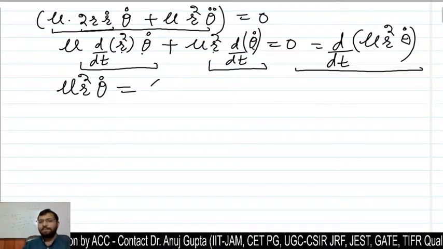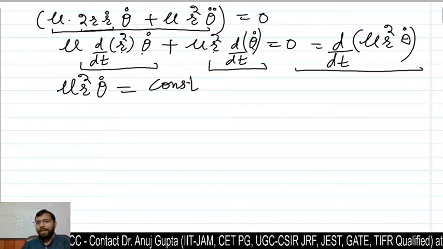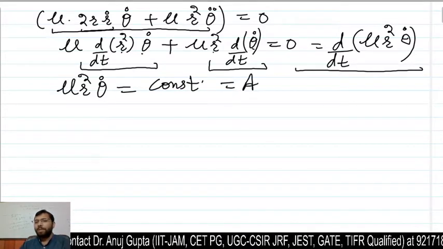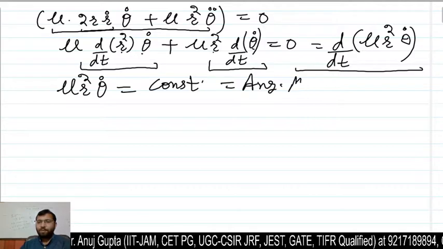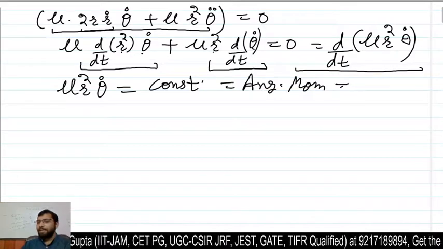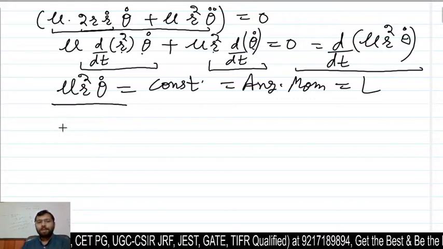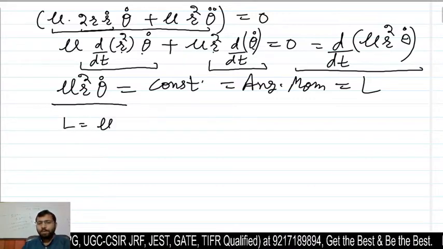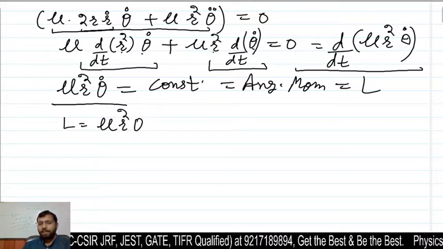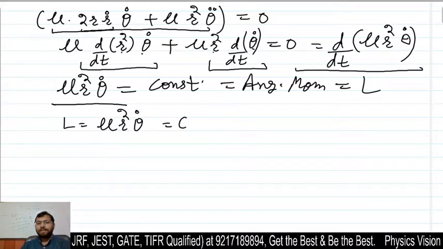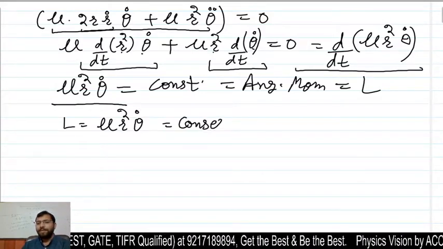It's a constant, okay, and it is actually angular momentum L. The formula for angular momentum L is equal to mu r square theta dot, and it is a conserved quantity in case of central forces.